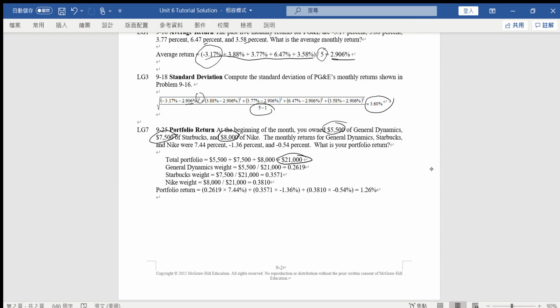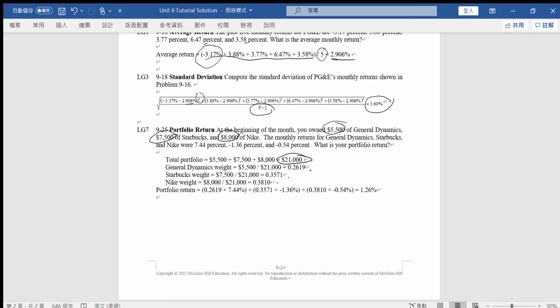According to that, you need to work out the weighted percentage of each of them. General Dynamics will be 0.2619, or 26.19%. Starbucks will be 0.3571, or 35.71%. And Nike will be 38.1%. You may convert it to percent or decimal figures. That is the weighting of each investment.